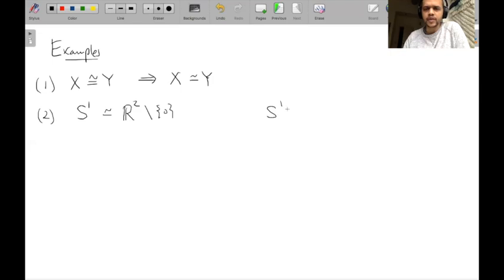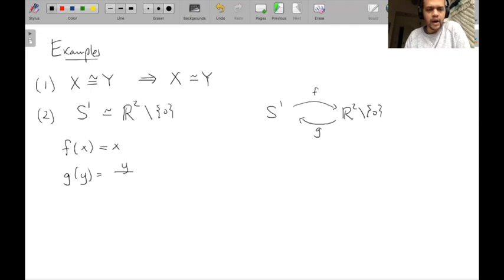We need maps between them, say F and G. There's an obvious map for F, since if we think about the circle as embedded in R2, then we can just take F of X to be X. And for G, let me say G of Y is Y over the norm of Y. So this will be a point of norm 1, so we get a point on the circle.